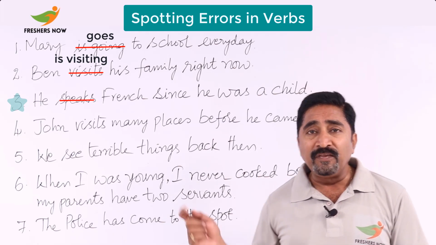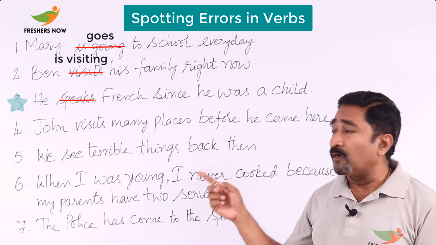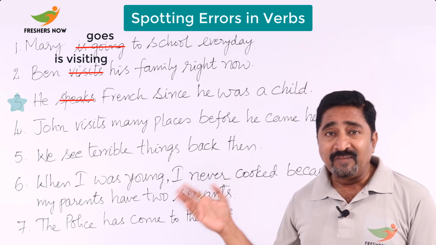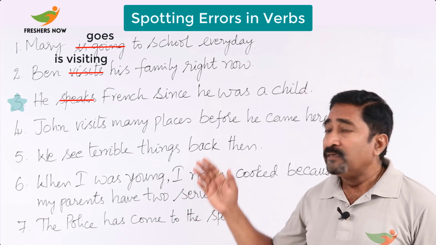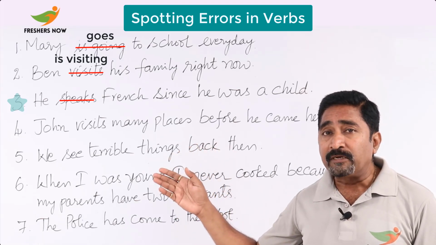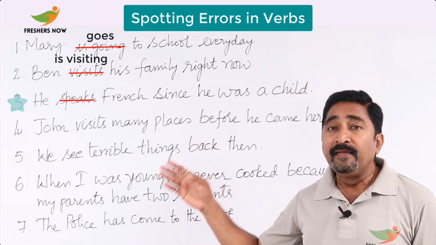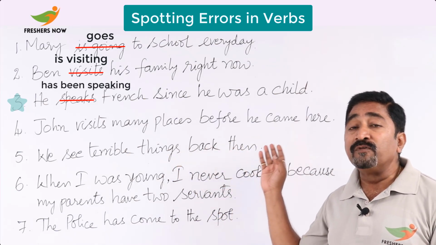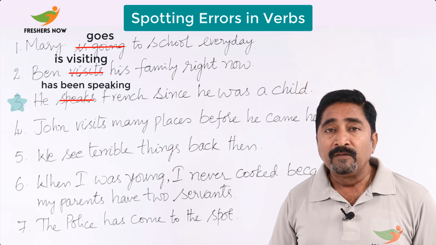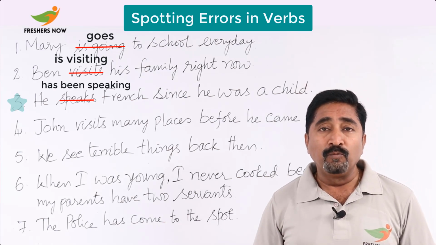Now here, the subject being he, it's a third person singular number. We should have a check on the subject, and so we should say that he has been speaking French since he was a child. So this is where we need to be careful.